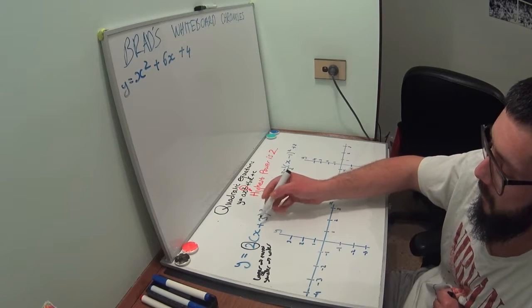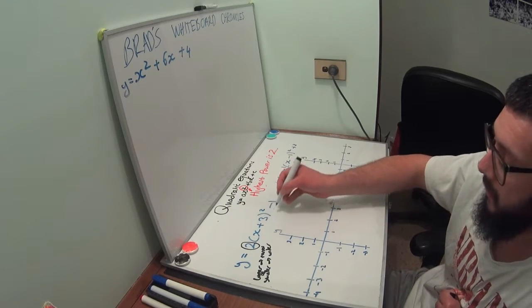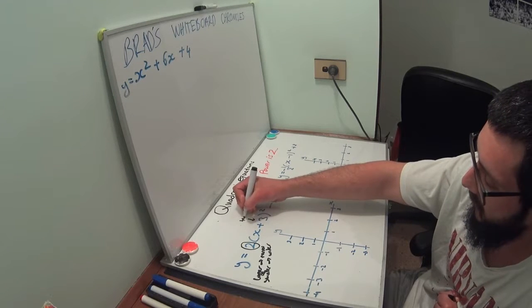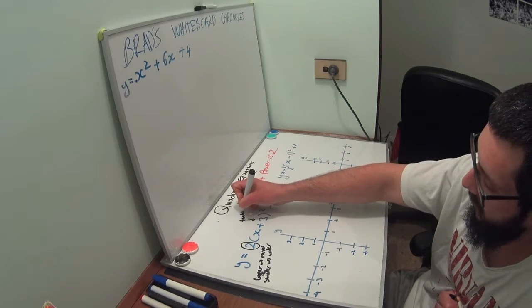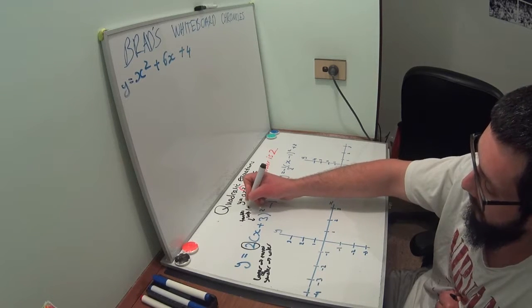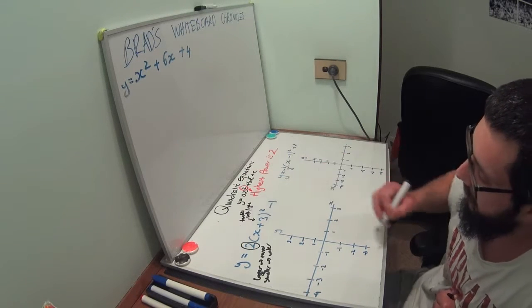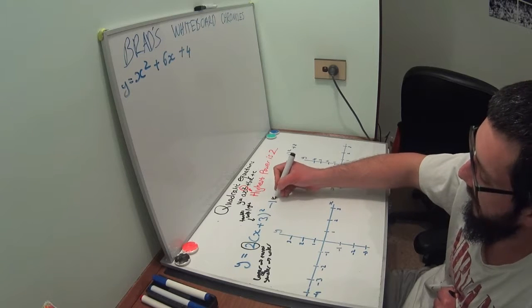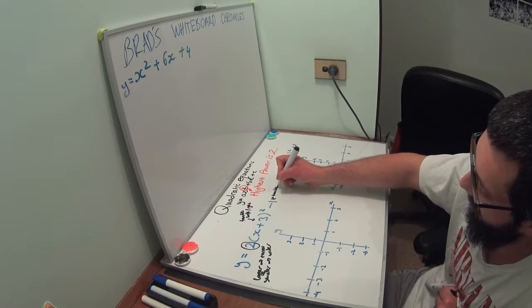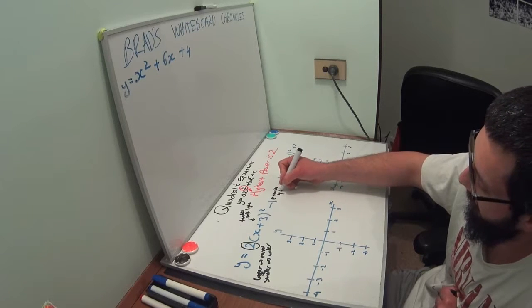This number here translates the parabola left or right. So here translates left, right. And this here translates up or down.